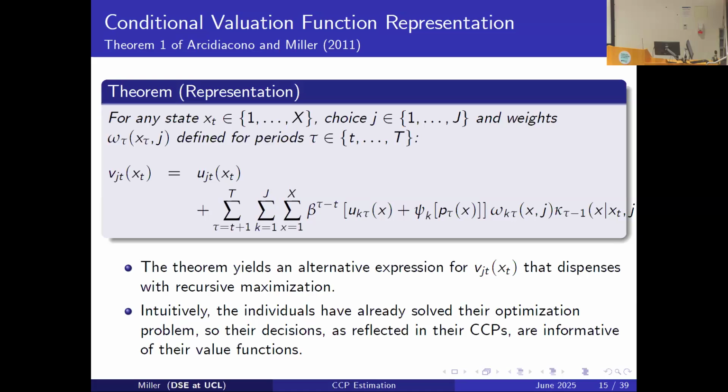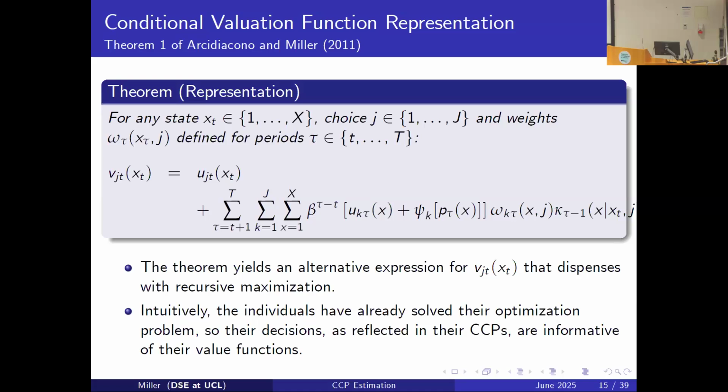So in thinking about this construction, which is really what it is, it's actually telling us how to think about the conditional value functions without doing recursive maximization. Because if we can plug in these conditional choice probabilities, or estimates of them, in here, then we've got the conditional value function straight off.